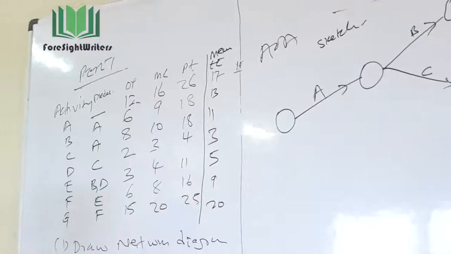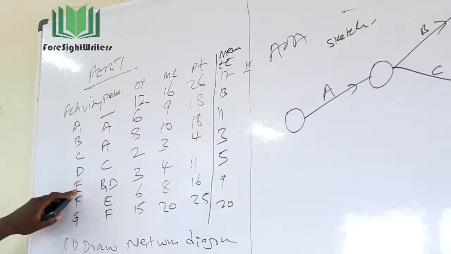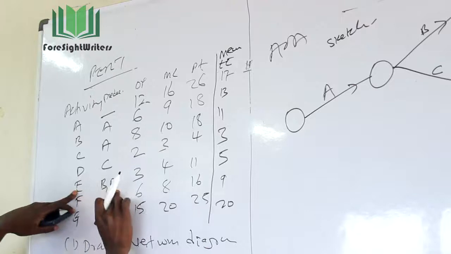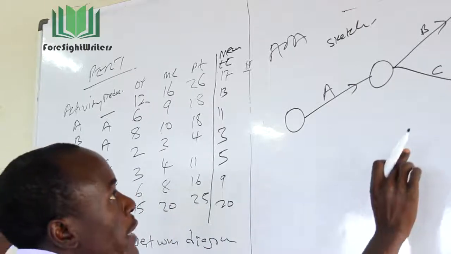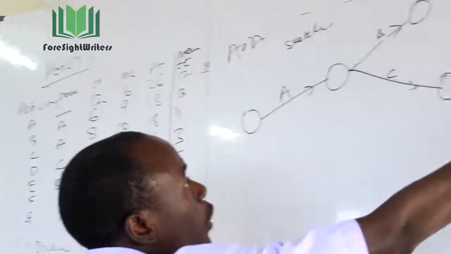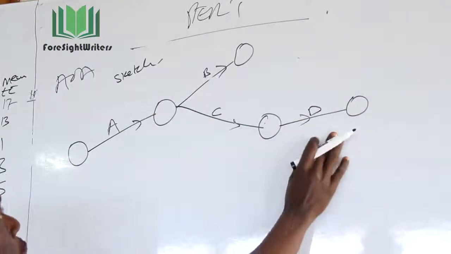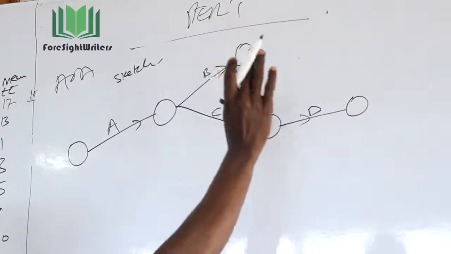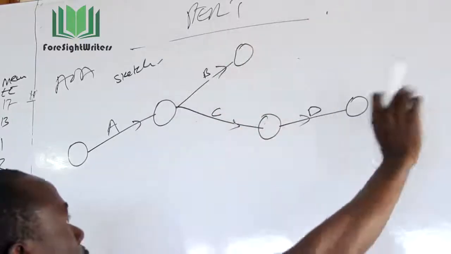Now I continue from D, I put E. Activity E can only begin after B and D are complete. So let's look at B and where D is. These activities need to complete before we can begin E. It means we must join them. This is parallel, this is parallel.